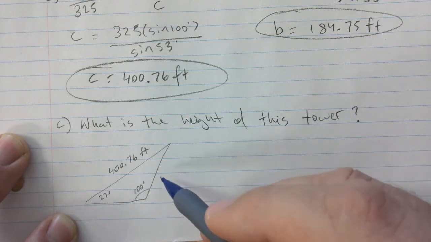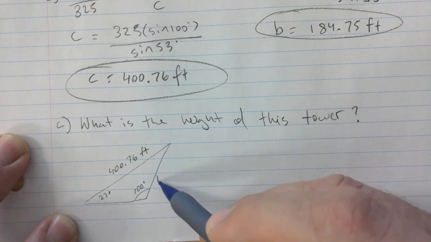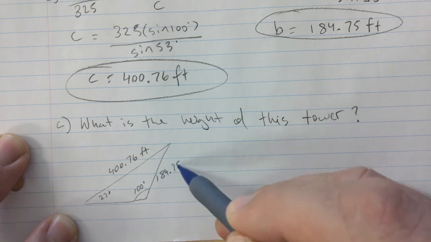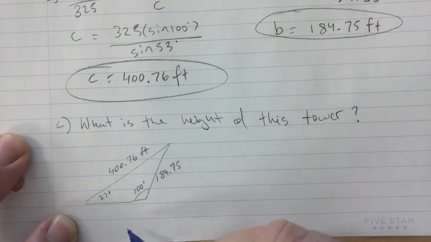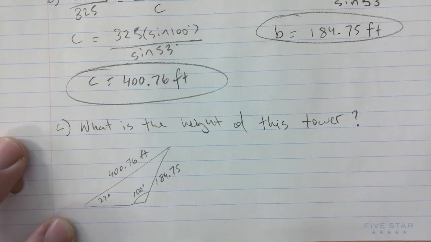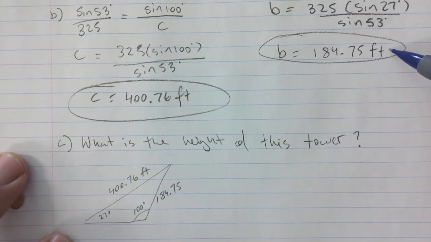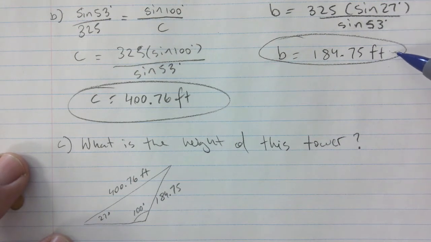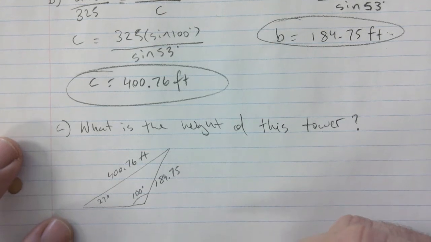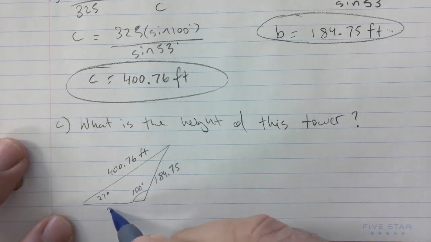And we basically know all sides. This is 184.75. B we did yesterday, it's right up here. And we know that the bottom here is 325.